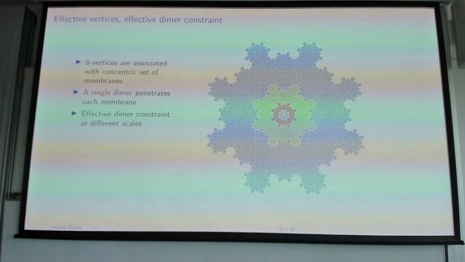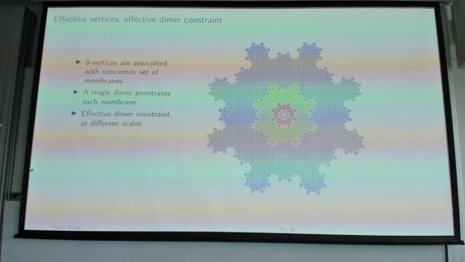So these whole regions are things which we call effective vertices. The reason they're effective vertices is because the dimer constraint is effectively imposed on this whole thing. This hard Gauss law-like constraint that each site has 1 dimer going on top of it is imposed successively at larger and larger scales with all these regions. This whole red region has exactly 1 dimer talking to the rest of them. The blue region has 1 dimer talking to the rest of them, and things like this.